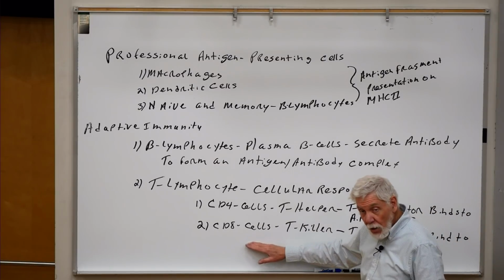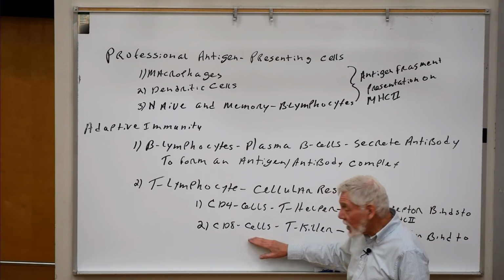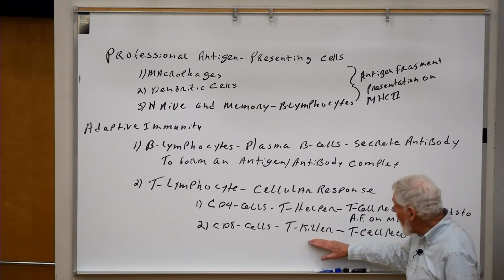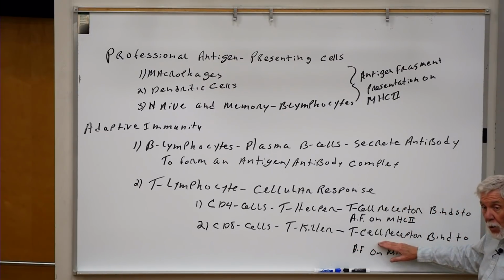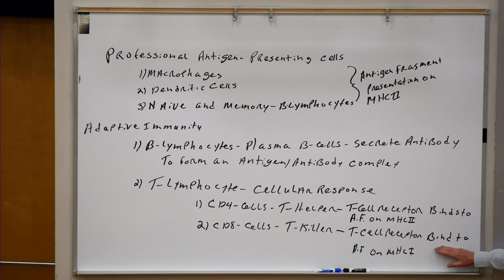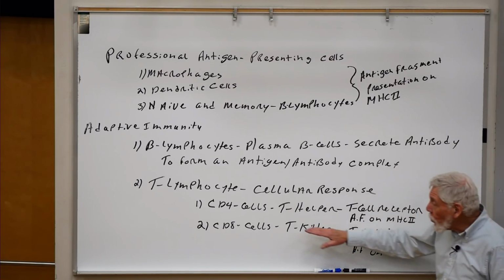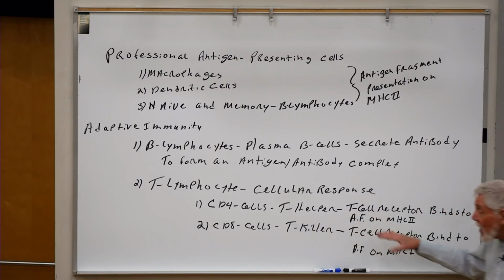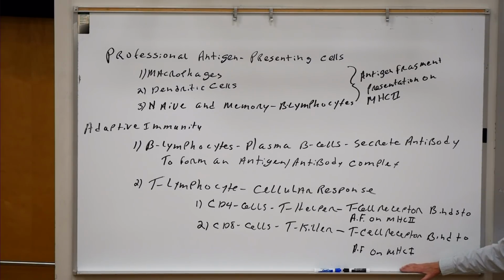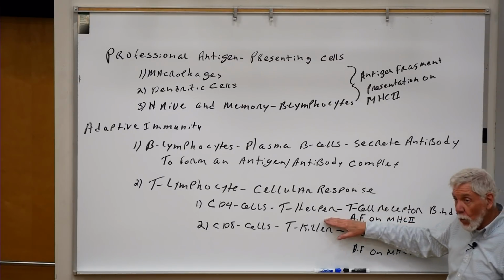The other character here is that the CD8 cells are T killer cells. They too have a T cell receptor as a transmembrane protein. They too will recognize foreign proteins, antigens, on other cells. In both cases, both for the CD4 cells and the CD8 cells, these cells are restricted to seeing foreign proteins as antigen fragments displayed on other cells, either through something known as an MHC1 protein for the CD8 cells or an MHC2 protein for the CD4 cells.